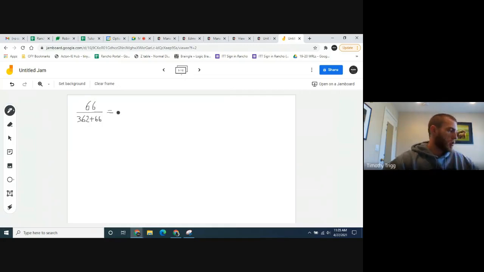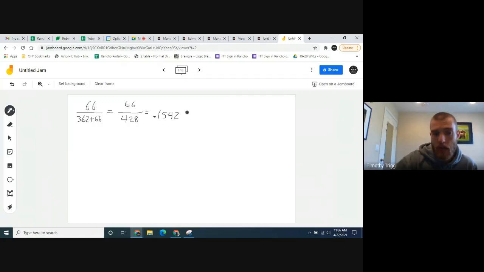So what does this proportion come out to? So this will be 66 over 362 plus 66, 428. And then we want to do 66 divided by 428. And that gives us 0.1542 about. So about 15%.